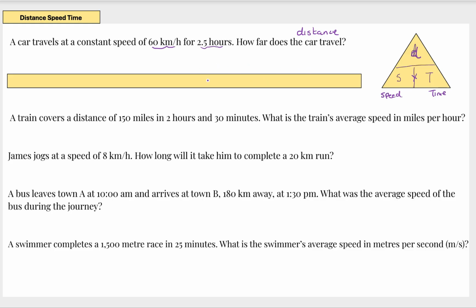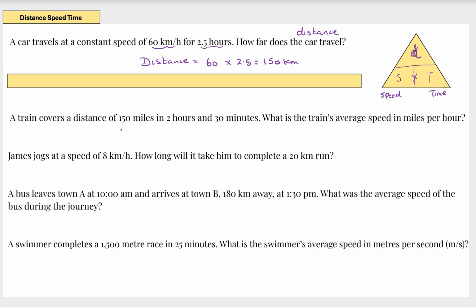So all we're going to do is multiply: our distance equals our speed, which is 60 kilometers an hour, times 2.5 hours. And if you have a calculator, just pop it in. If you don't, do long multiplication and you will get 150. So the answer is 150 kilometers.